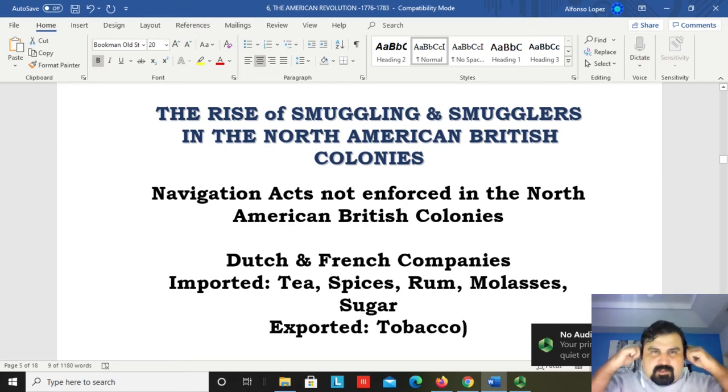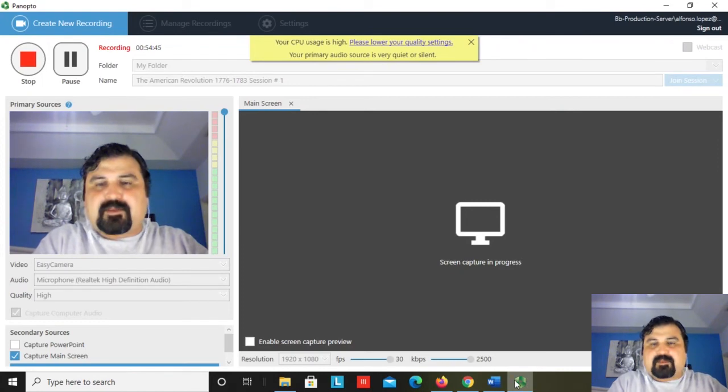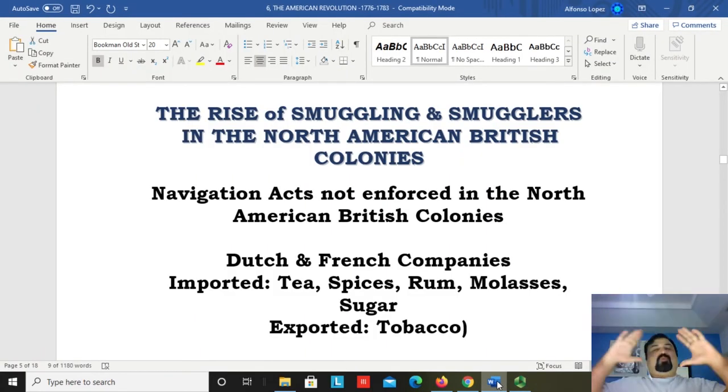All right, so what this is going to lead to is that as the British are attempting to regulate trade and come up with laws of trade like the Navigation Act, they were trying to implement a more enclosed system of trade between the mother country and the colonies.